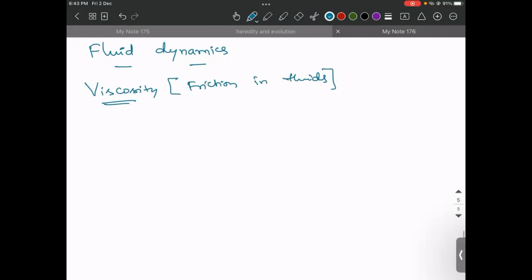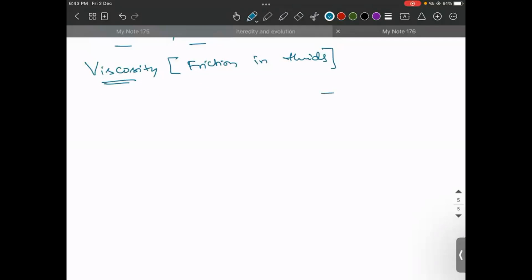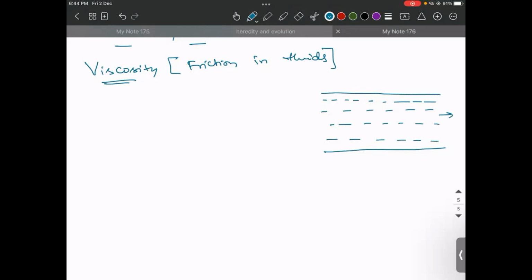Okay. So yesterday I told you, when you take a liquid that is flowing, divide it into multiple layers. When a liquid is actually flowing, there is going to be a contact existing between the subsequent layers that are in connection, right? So when the liquid is flowing, there will be a property that will come into existence.